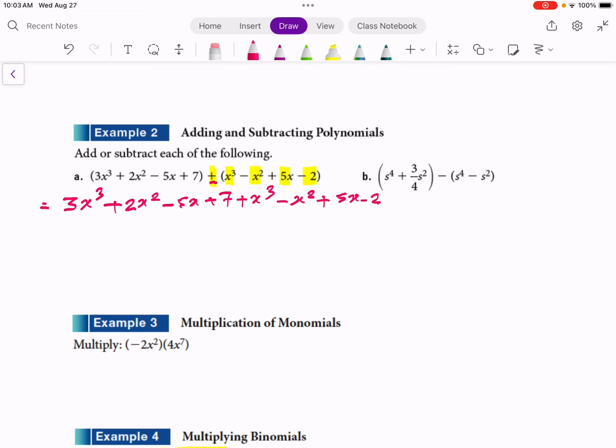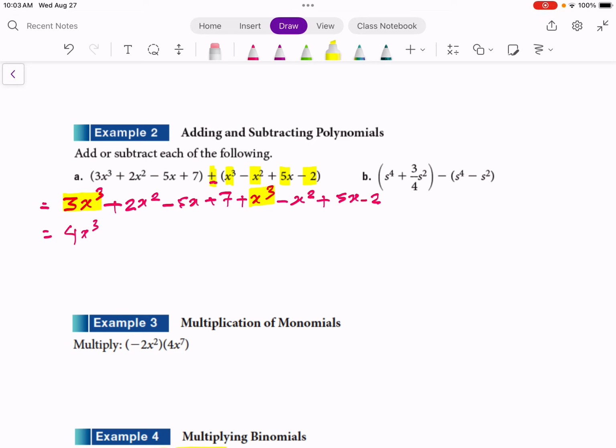Okay, now next, what kind of terms can we add? The like terms, right? So we need to find the terms with the same degree. So the terms with the same degree are like terms. This term has a degree 3, this term has a degree 3, so we can add these two terms. So 3x cubed plus x cubed is 4x cubed.